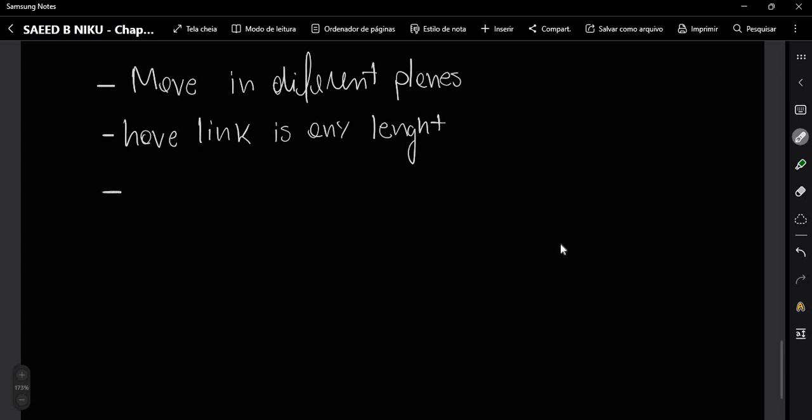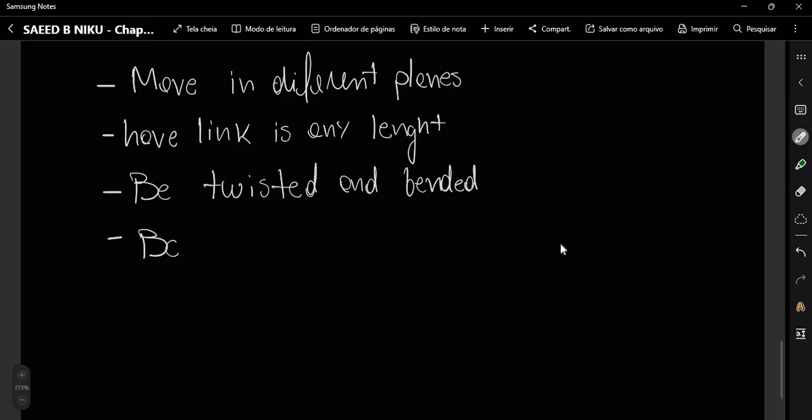They can be twisted and bended. And also they can be at any plane.